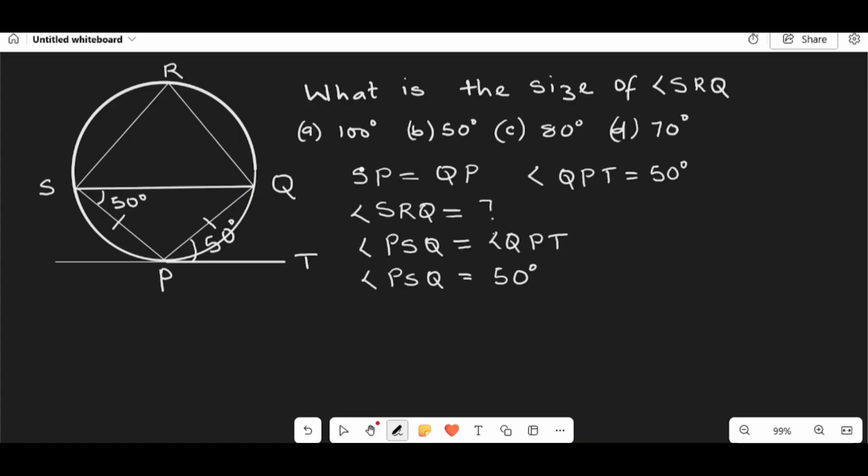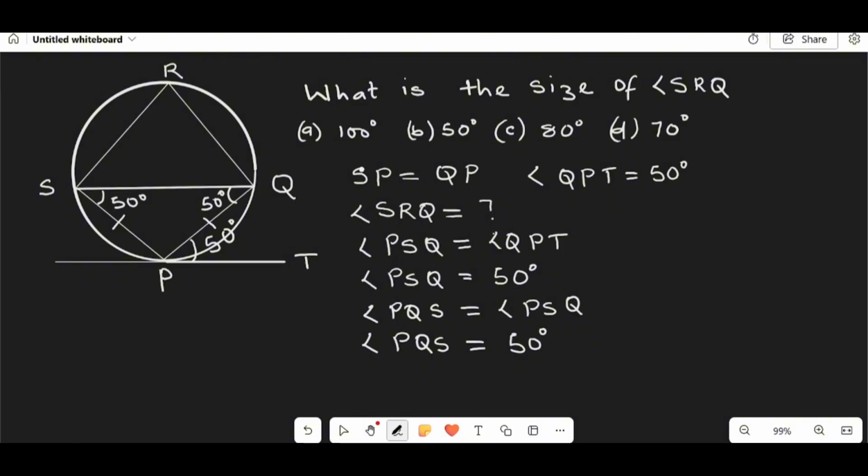So we can say angle PQS is equal to angle PSQ. Angle PQS equals 50 degrees because our angle PXQ is 50 degrees. So here is 50 degrees.